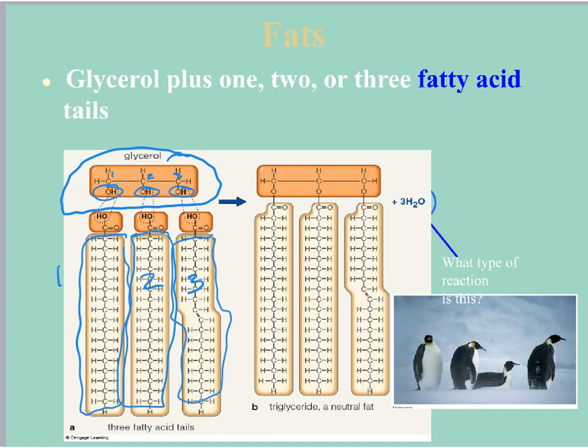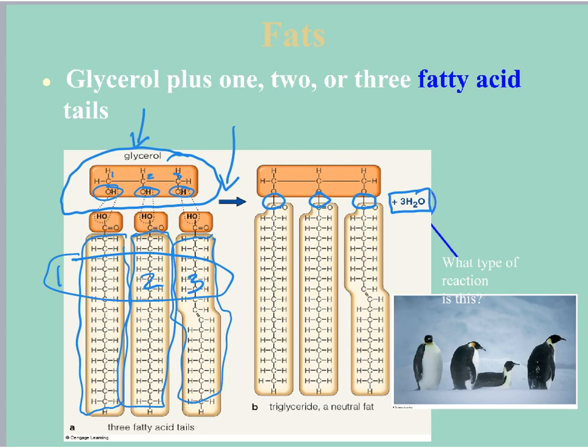So the glycerol on top here in this picture has not yet bonded to its 3 fatty acid tails. Here's the arrow showing that after this reaction occurs, you have these bonds formed between the glycerol and the fatty acid tails. And if you look at what's removed during this reaction to make way for the bonds to form, it's water.